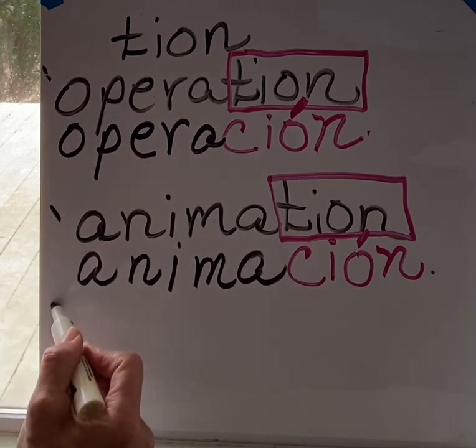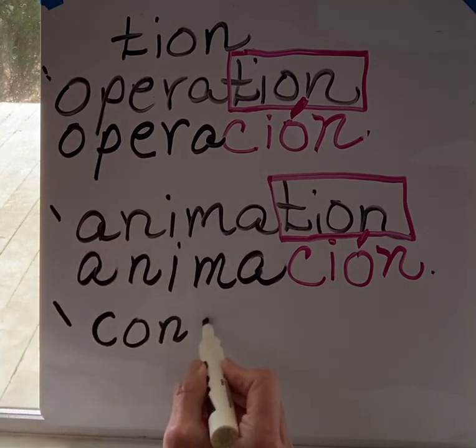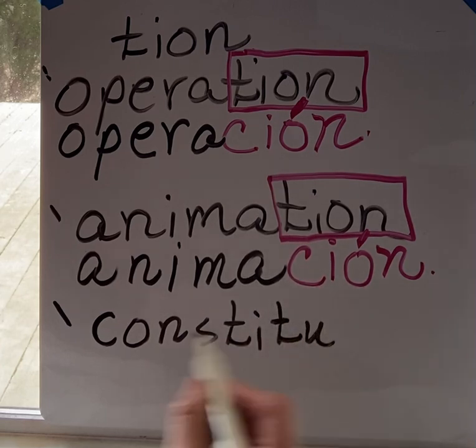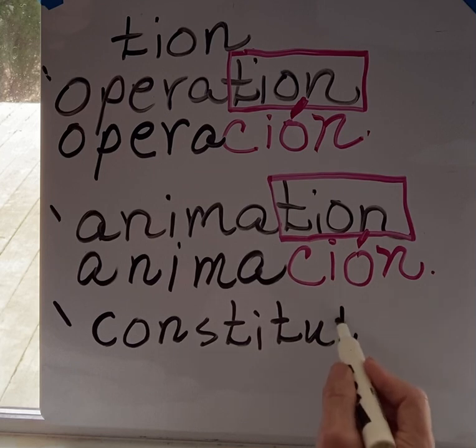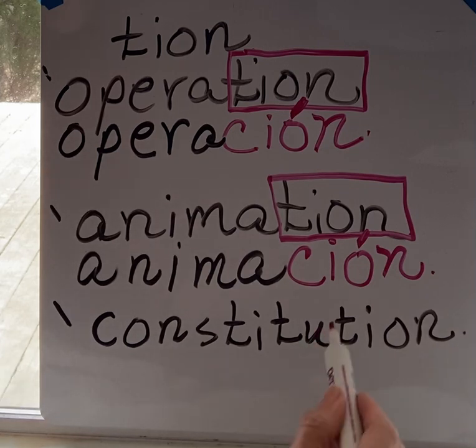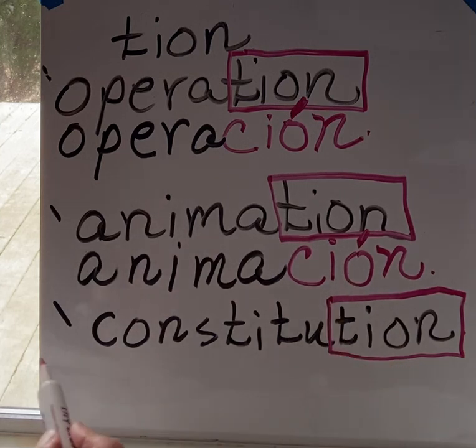Let us do one more. Let us do constitution. Constitution. Again, the last 4 letters are the ones that we have to manipulate to turn that noun into Spanish. So do we know what we have to do here?